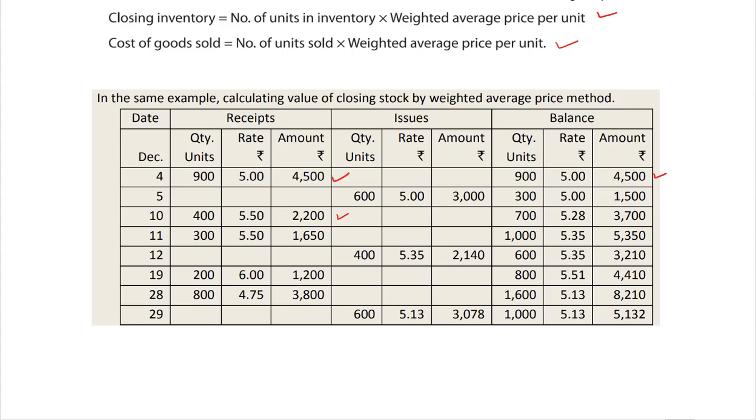Just see over here, 300 plus 400 equals 700, and the amount total is 1500 plus 2200, which is 3700. We divide 3700 by 700, and we find this average price, that is 5.28.